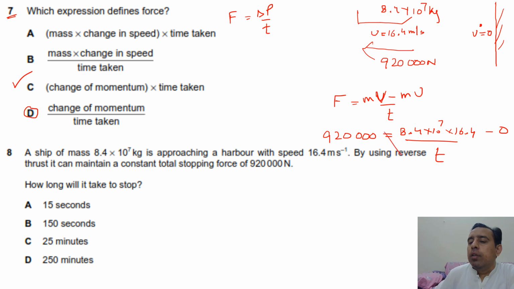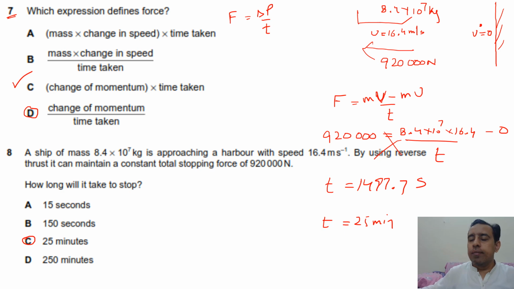So by cross multiplying the time, which is already calculated here somewhere, yes, this time is 1497.7 seconds. By converting it into minutes, we come to know that's 25 minutes. So option C is correct.